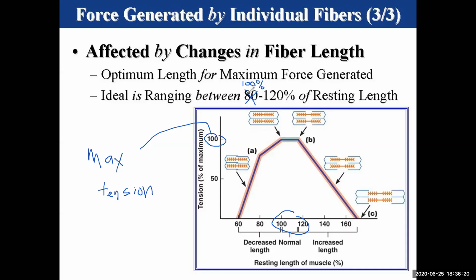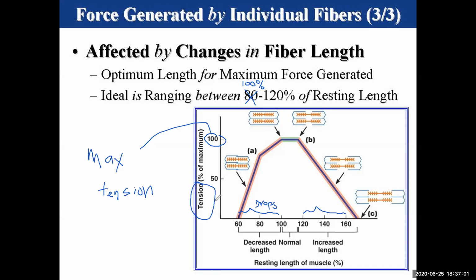If the resting length of that skeletal muscle fiber falls out of this window, 100 to 120, meaning it's in this area, shorter than its resting length, or it's being overstretched more than 120, tension drops, and drops quickly.